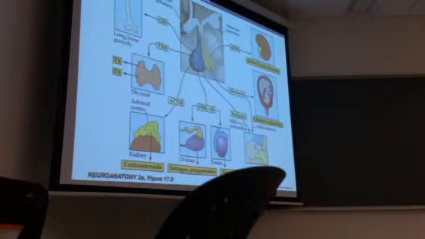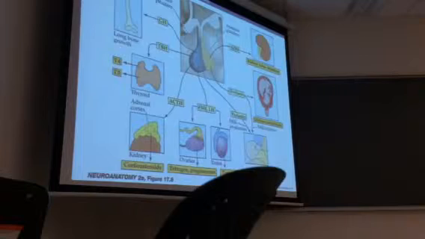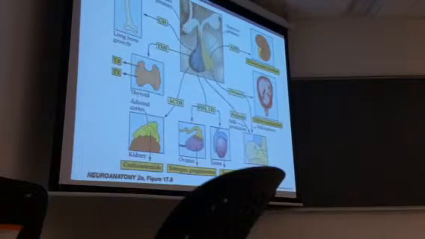The target are the collecting ducts of the kidneys. You remember the nephrons have these collecting ducts. You will now remove water from the filtrate of the kidneys, and you'll produce very concentrated urine in small volumes in an attempt to bring that water back into your blood supply to take care of the hypertonicity, returning it to an isotonicity. Chances are you're not going to do it. You're still going to have to drink something.